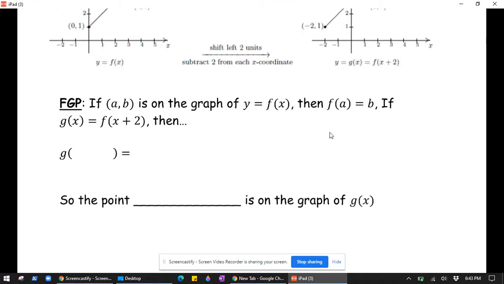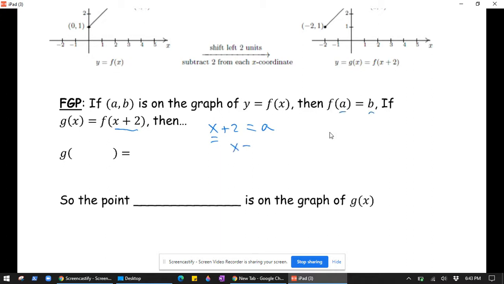And so if we generalize here, if b is on the graph of y equals f of x, then f of a equals b. If g of x equals f of x plus 2, we want that new x to be whatever we have to plug in in order for x plus 2 to evaluate to a, so that f can send a to b.